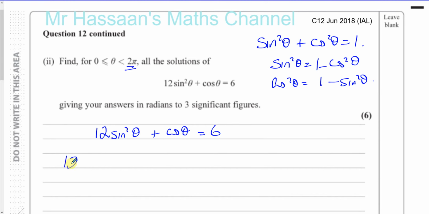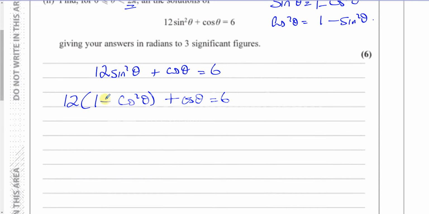Let's do 12 times, instead of sine squared theta, I'm going to write 1 minus cosine squared theta. Then I've got plus cosine theta equals 6, and then I can expand. 12 times 1 is 12, minus 12 cosine squared theta plus cosine theta equals 6, and I can bring everything to one side.